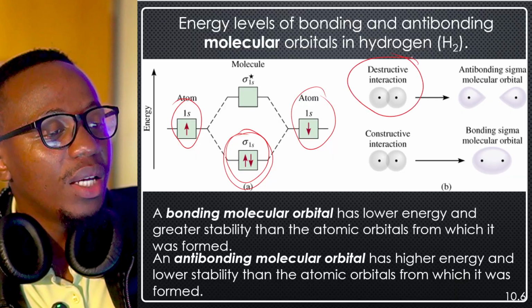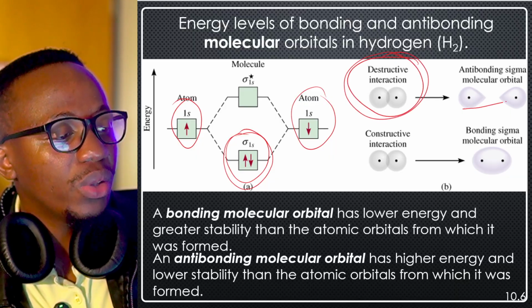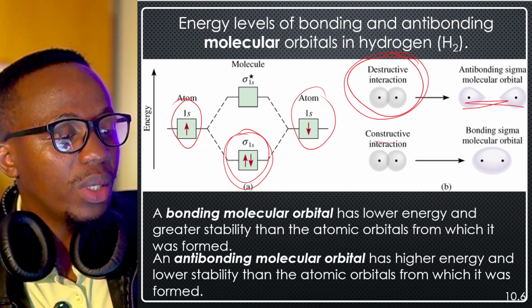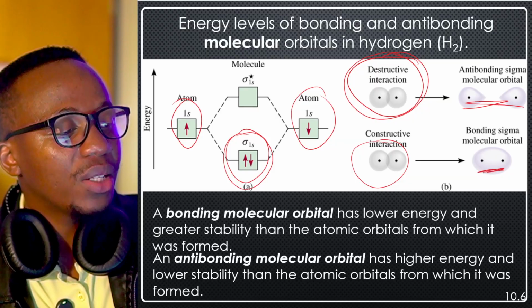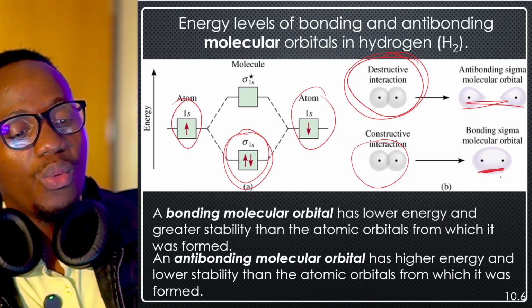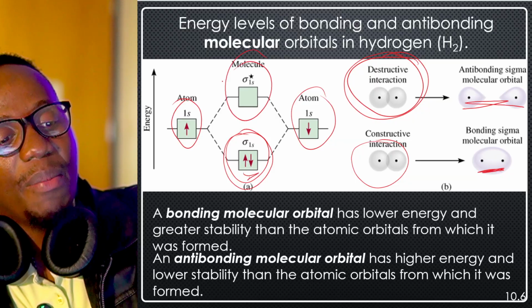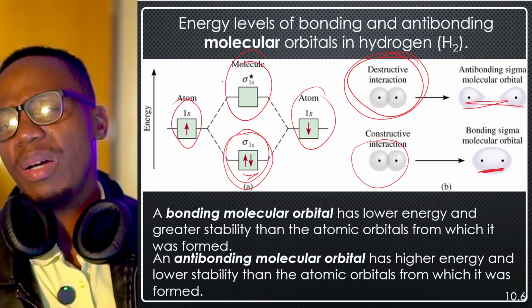Sometimes they get together and they destroy each other, whereas sometimes they get together and they make an actual sigma bond. So for each bond we have an anti-bond, but don't think about it too much.